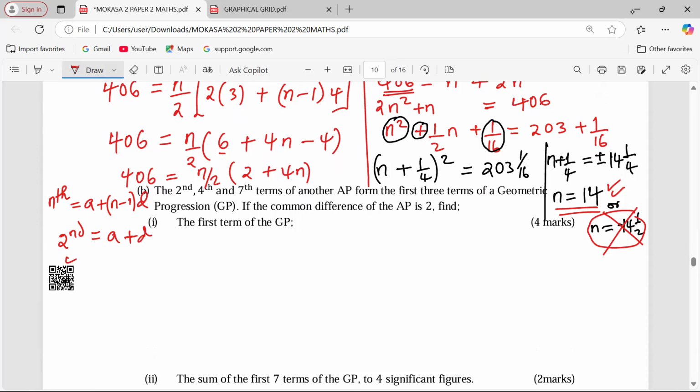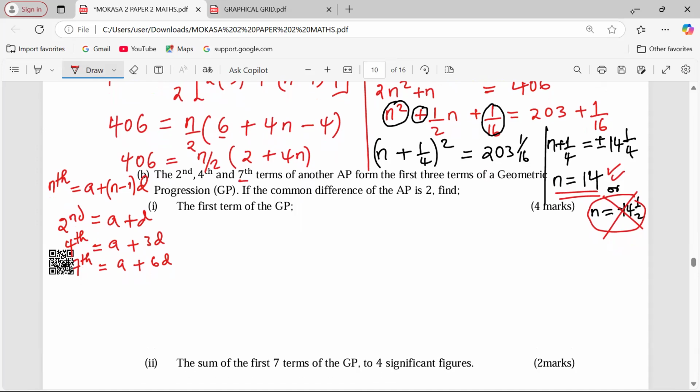Then the fourth term will be A plus 4 minus 1, which is 3, multiplied by D. And finally, the seventh term is given by A plus 7 minus 1, 6, multiplied by D.